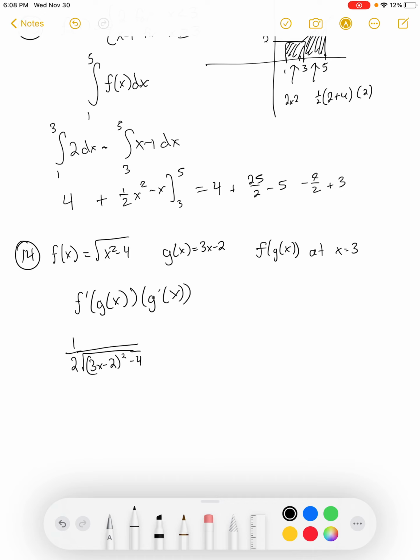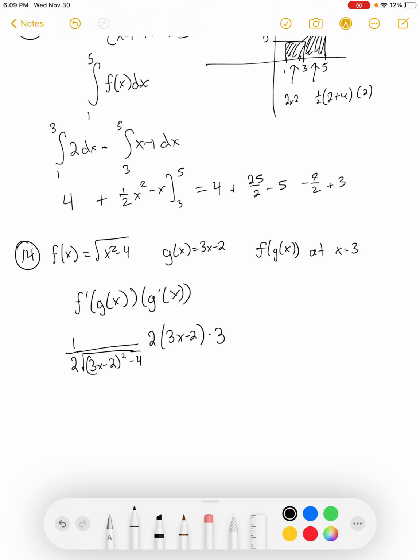Then we also have 2x because of the chain rule, so 2 times 3x minus 2. That is f prime of g of x, and then we just have g prime of x, which of course is just 3.